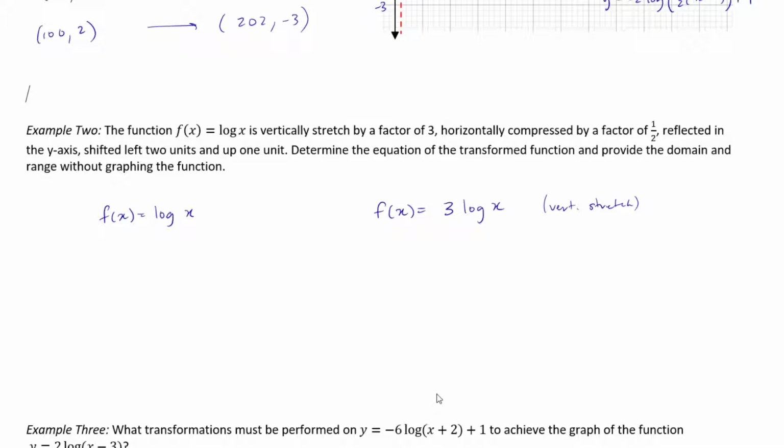Horizontally compressed by a factor of 1/2. Well, to include that, I have to remember that I take the reciprocal of k. So that should just be 2, and we have x. Okay, so that's my horizontal compression.